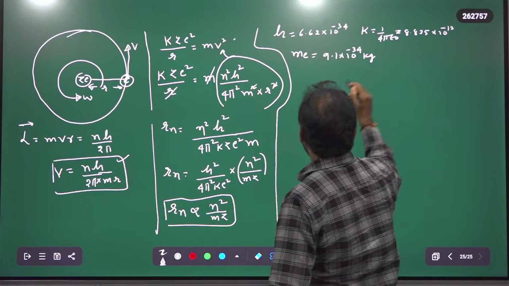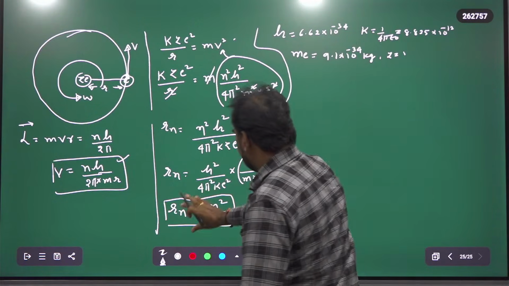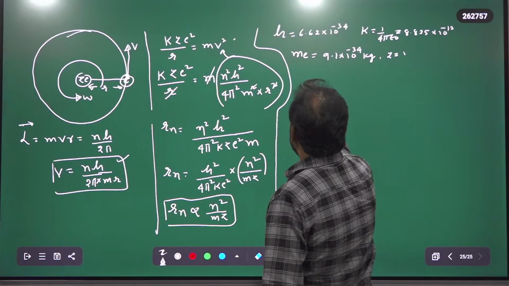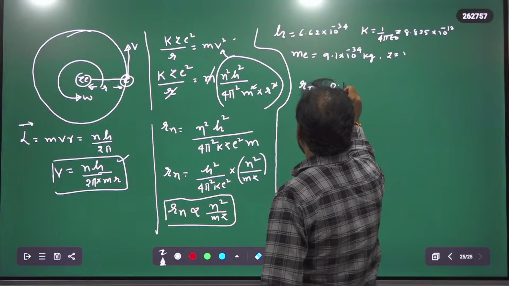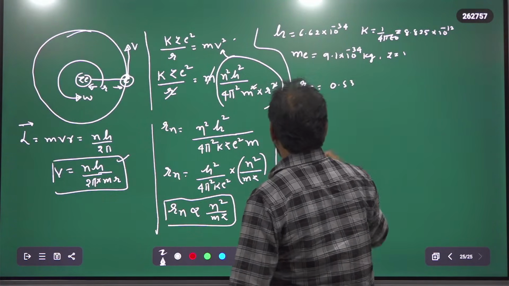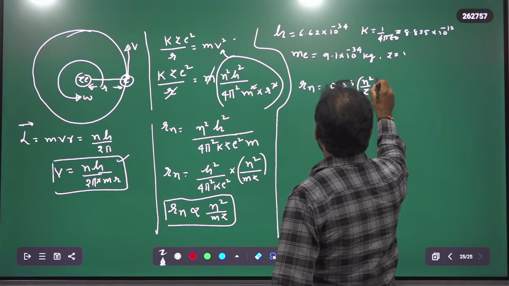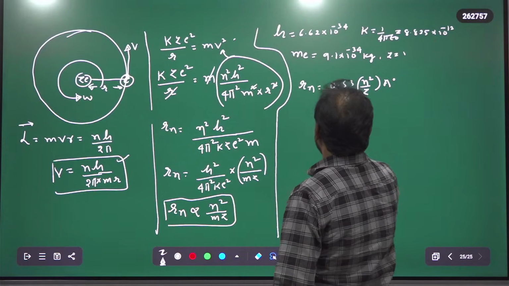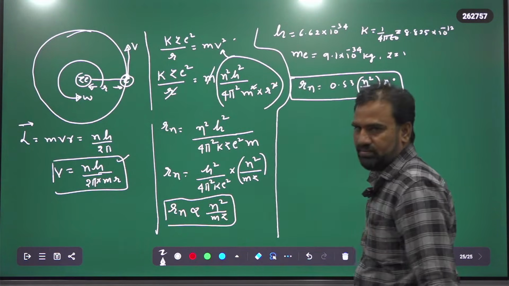And Z value is 1. These values are substituted in this equation. Then you will get Rn is equal to 0.53 into n square upon Z in angstroms. So this is the radius of the nth orbit.